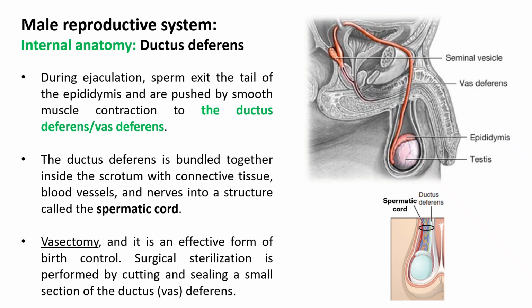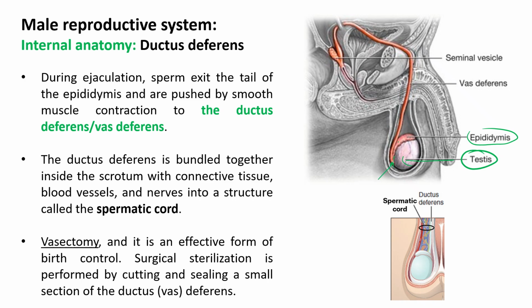We have already mentioned the vas deferens, but it's good to visualize how long this tube is. So notice in this picture that we have a testis here. We have the epididymis on top and posterior to the testis. And the very end of the epididymis, the tail, is the part that connects with the beginning of the vas deferens.